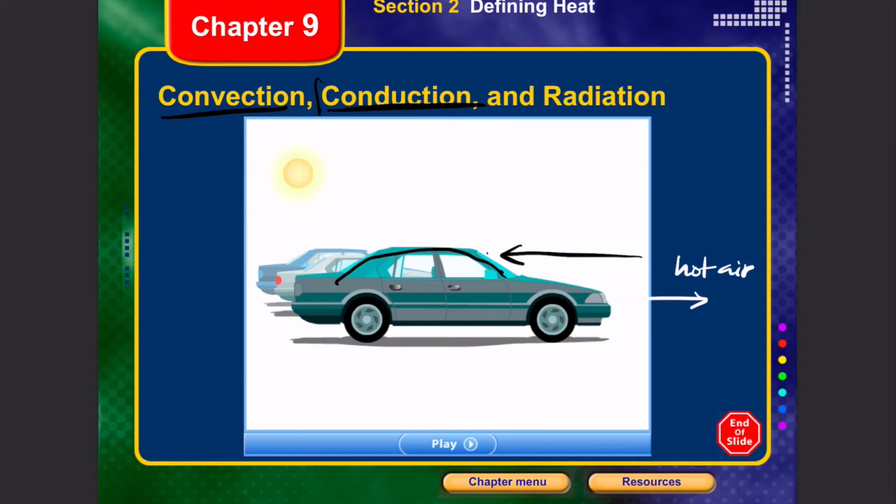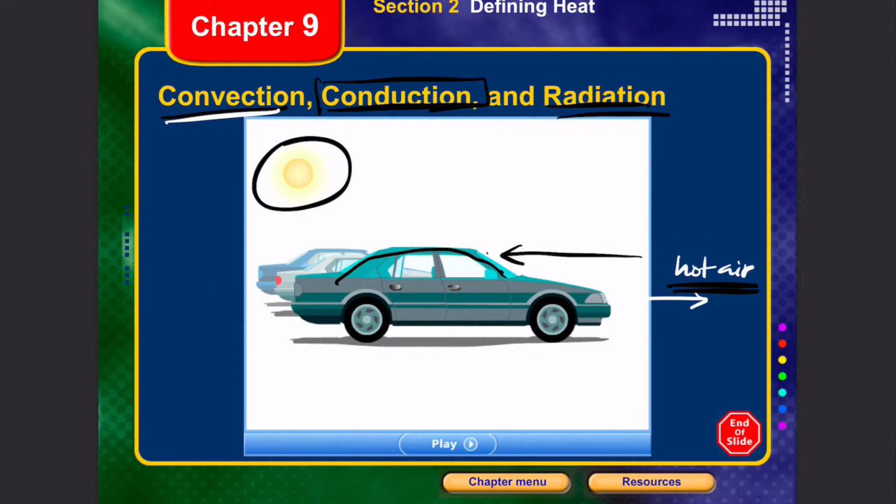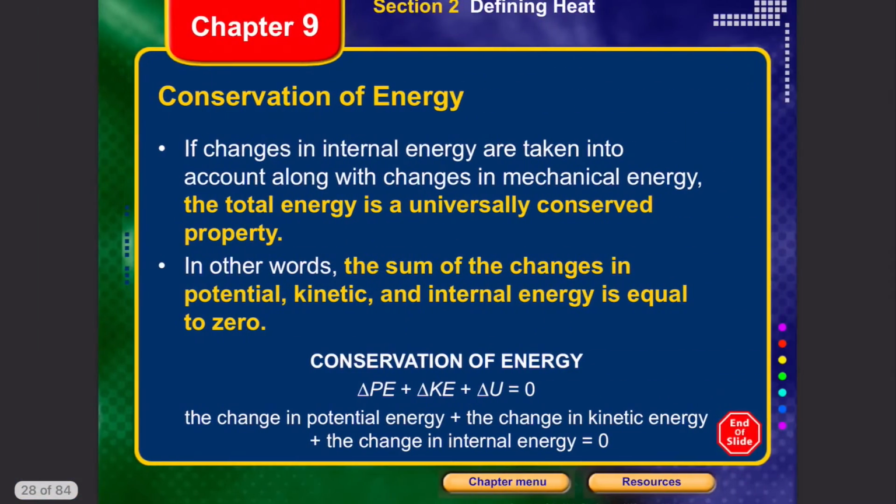And the last part is heat coming from the sun, which also heats up your car, which is radiation. So: conduction, convection, and radiation.